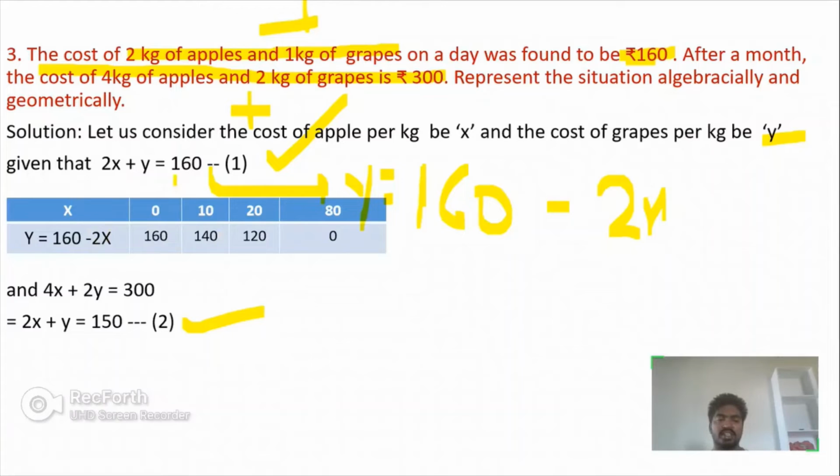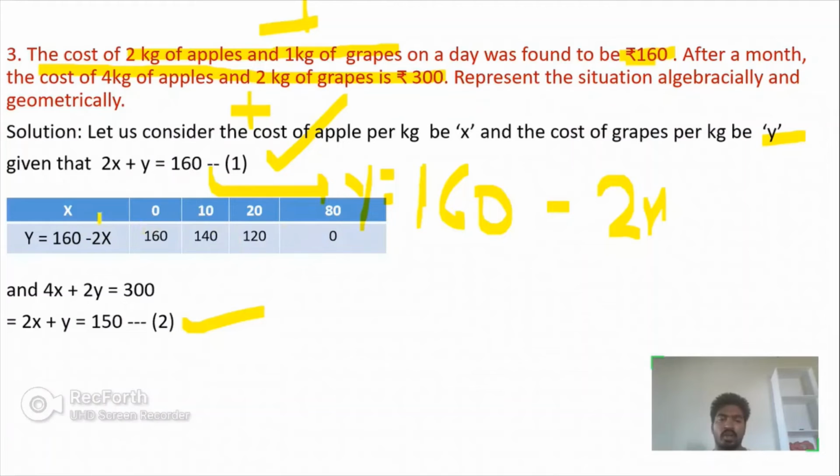If x is equal to 20, then y equals 160 minus 40, that is 120. If I take x equal to 80, then y equals 160 minus 2 into 80, which is 160 minus 160, which is 0.